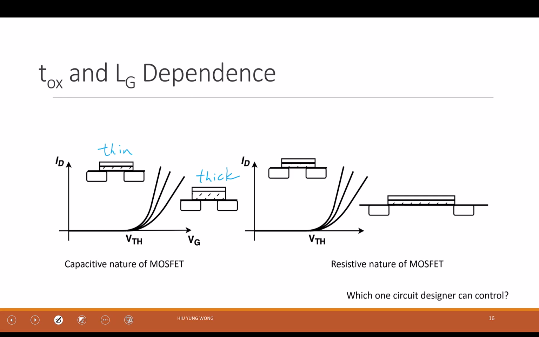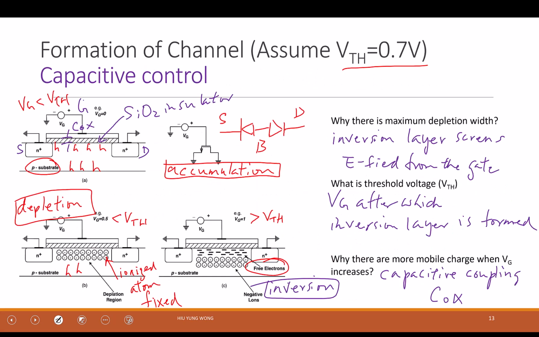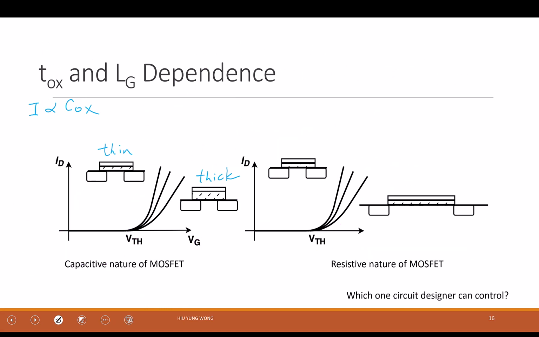Who thinks it is thick gate oxide? Who thinks it is thin gate oxide? Great, very good. Thin gate oxide has larger current, right? Because the current depends on the capacitance, right? We did not derive any equation, but I have been telling you the reason we have this charge is because of the capacitive coupling, right? So if I have a larger capacitance, of course, I will be able to couple more charge for the same gate voltage or same gate overdrive, right?